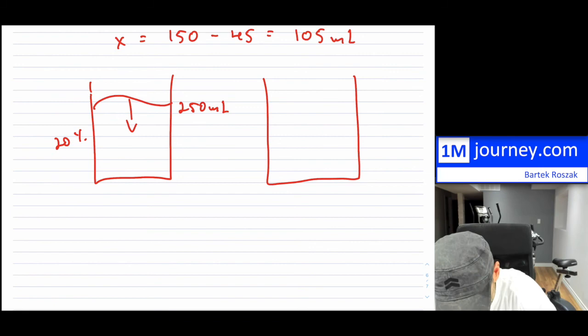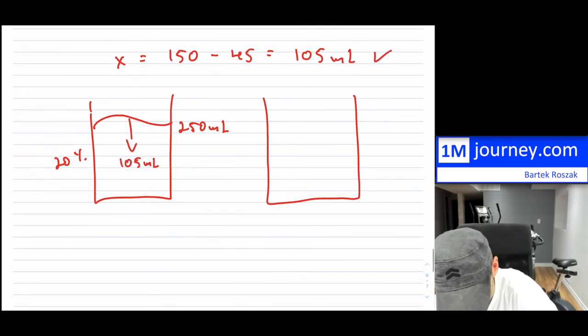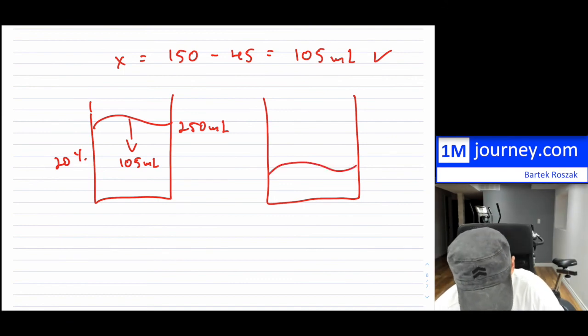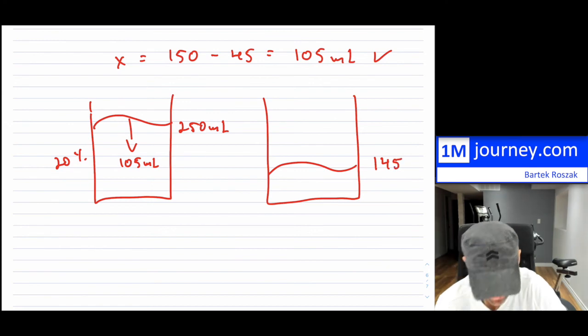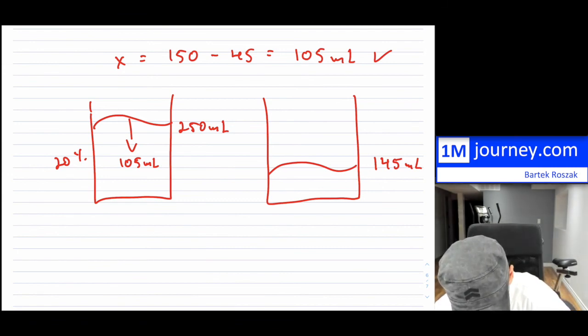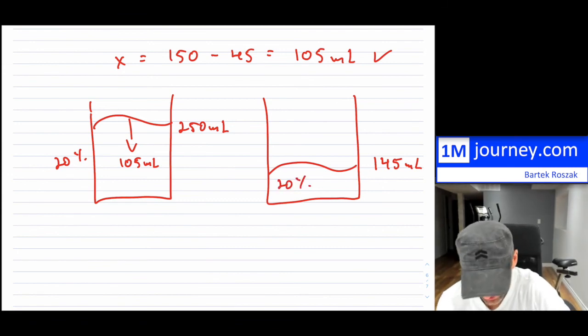We removed 105 milliliters, because that's X. So now we have less. How much do we have remaining? 250 minus 105, that's going to be 145 milliliters. That's how much we have still remaining of the 20% solution.